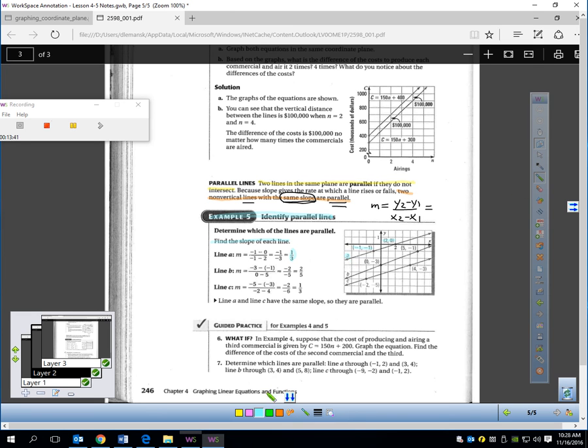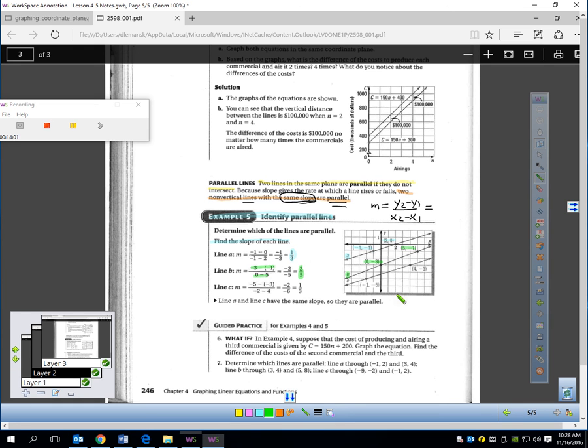Line B, I'm going to have green. So you can see they calculated the slope. They did -3 for y, -1 for y on top, and they took 0 -5 on the bottom, and they got 2/5 for the slope. Is it clear that these two lines are not parallel? They don't have the same slope.